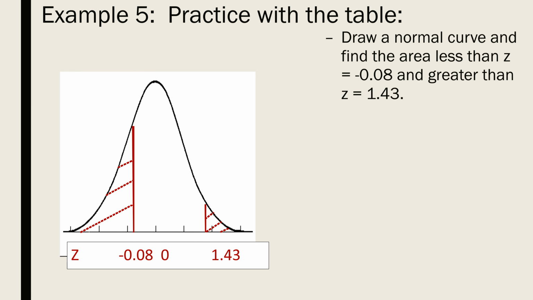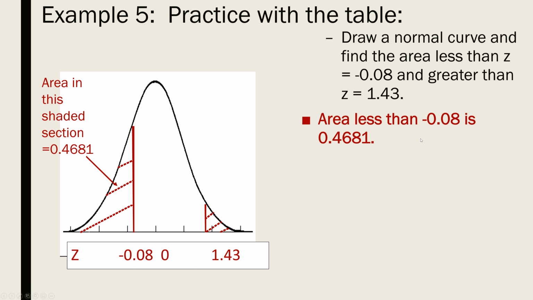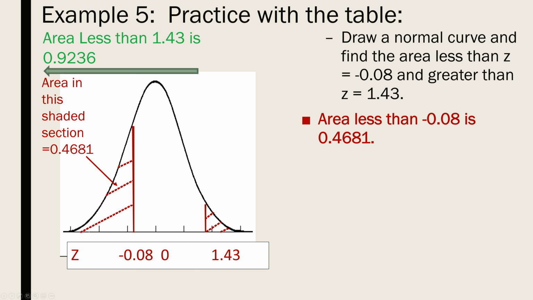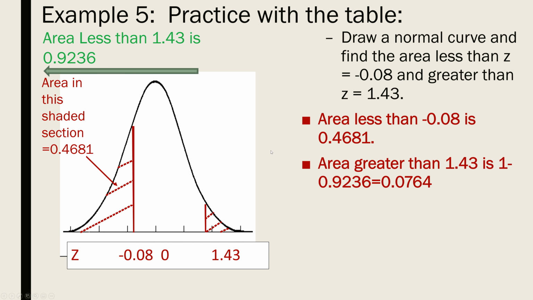Here's another one. Find the area less than z equals negative 0.08 and greater than z equals 1.43. From the normal table, we have the area less than negative 0.08 is this number. And we have the area less than 1.43 is this number.